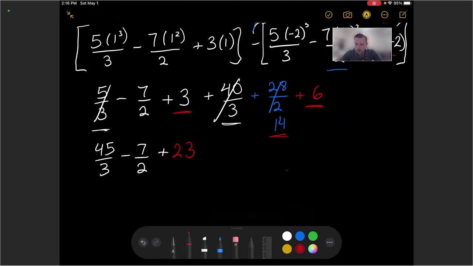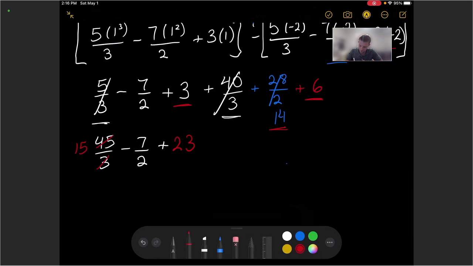We notice that 45 over 3 here is just going to give us 15. So we can go one step further. 15 and 23 give me 38. 38 minus 7 over 2.